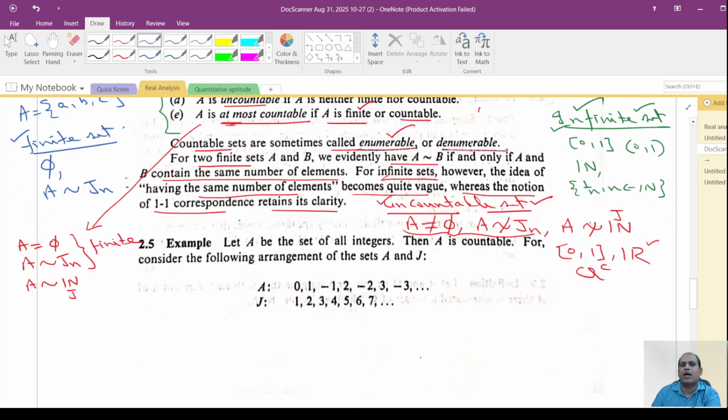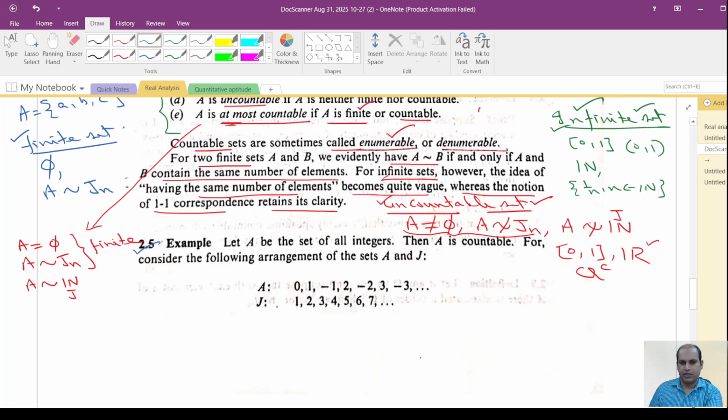In fact, the term cardinality, that is the number of distinct elements in a given set, will be used only for finite sets. In the case of infinite sets, we will replace it with the concept of transfinite numbers. So this is a very good example here.